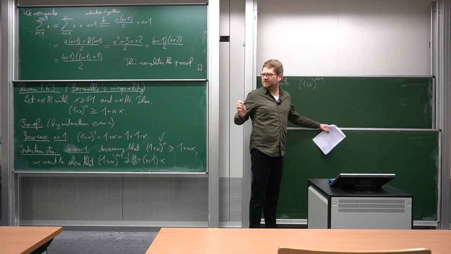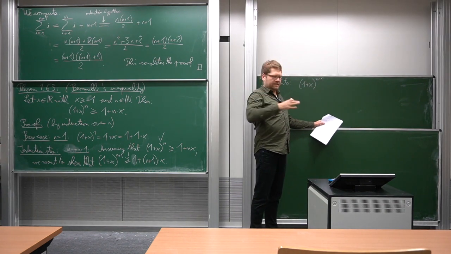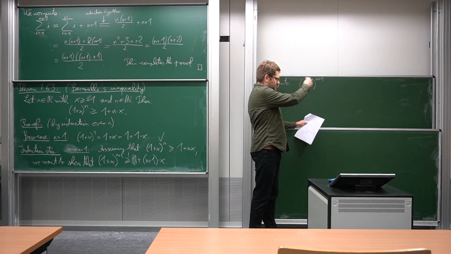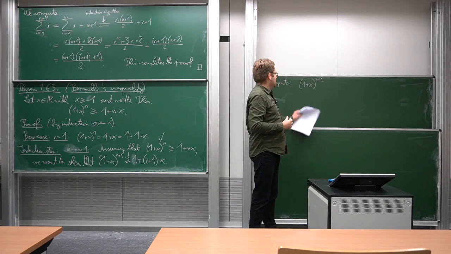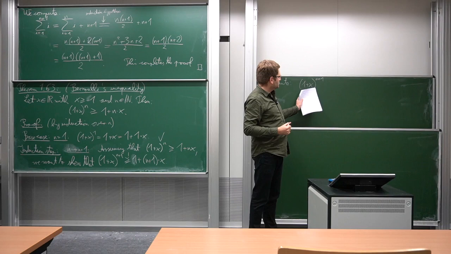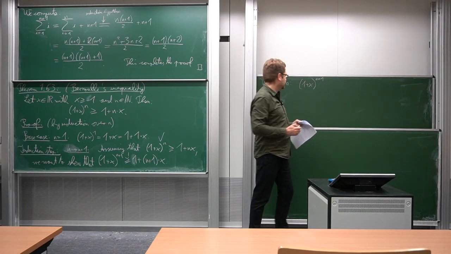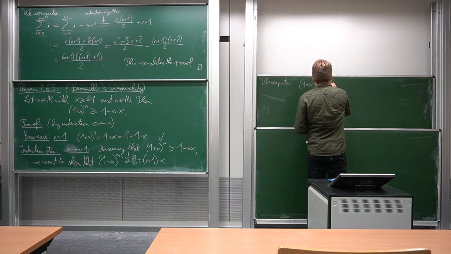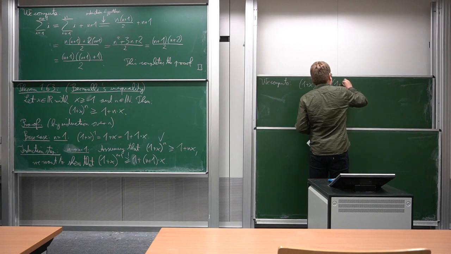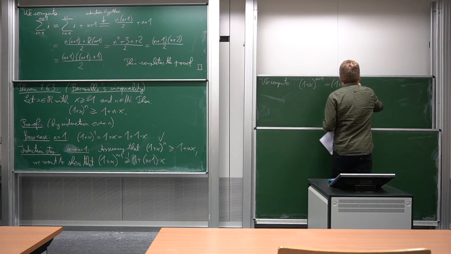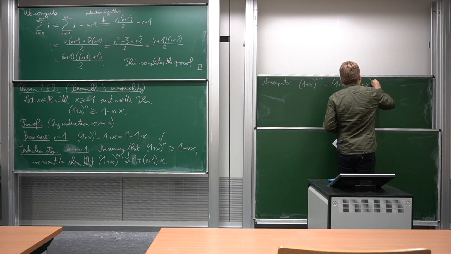In the same way as in the previous proof, we decompose the sum by just taking the last summand separately. Here we can kind of write one factor of this product separately. Namely, this is the same as 1 plus x to the power of n times 1 plus x.